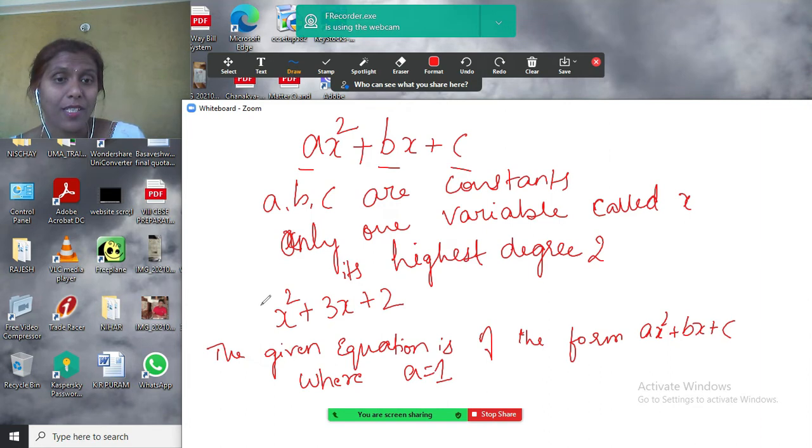Why? Because in the place of x squared there is nothing, so by default you take it as 1, and it will be plus 1 because the sign is not mentioned.